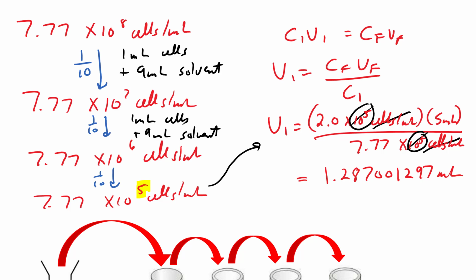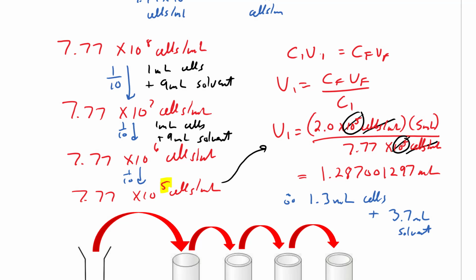As a result, I will take 1.3 mils of my cells and add to that, my total concentration will be 5 mils. So I will add to that 3.7 mils of my solvent.